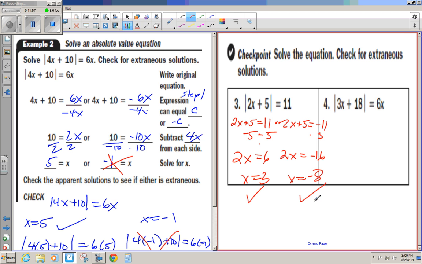Let's try out number 4. I'm going to run out of room. Oh, let me change colors here.